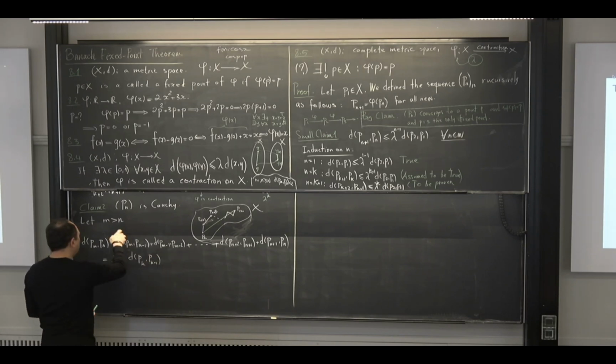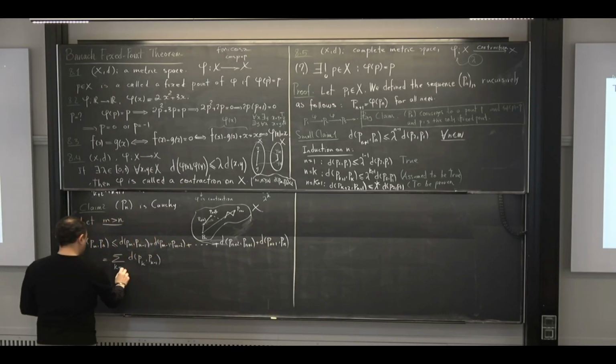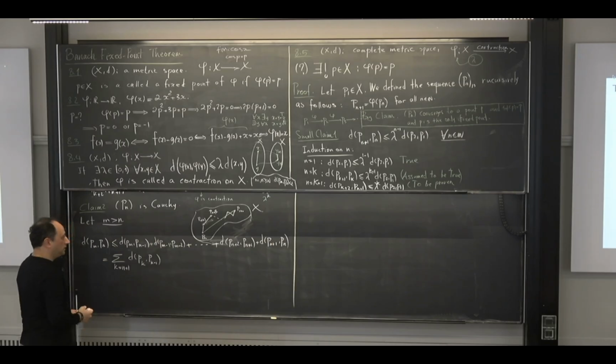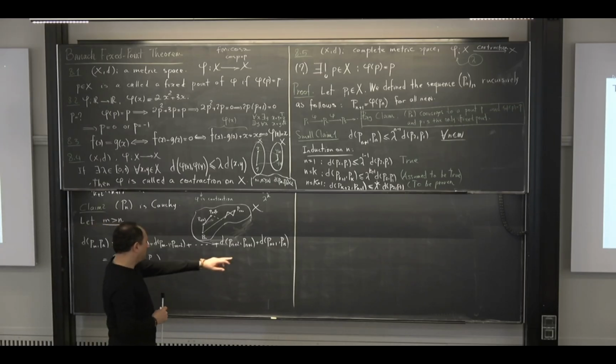The smallest one is n plus 1. The largest one is m. Do you agree with what I have written? I am writing it from here because n is the smaller one.